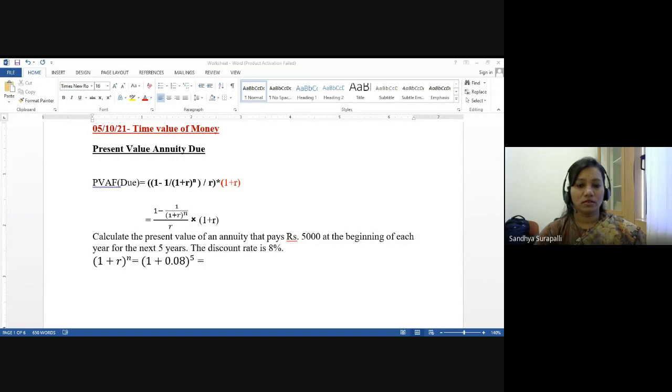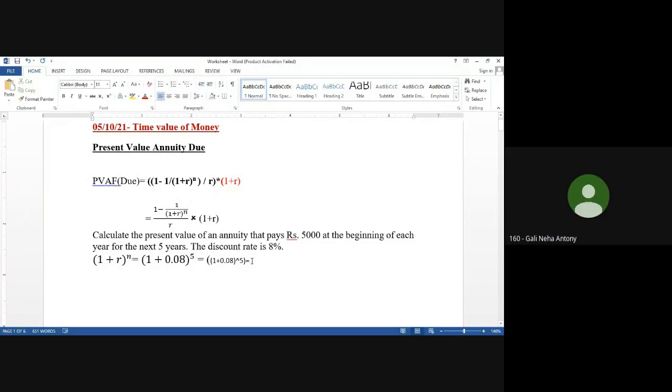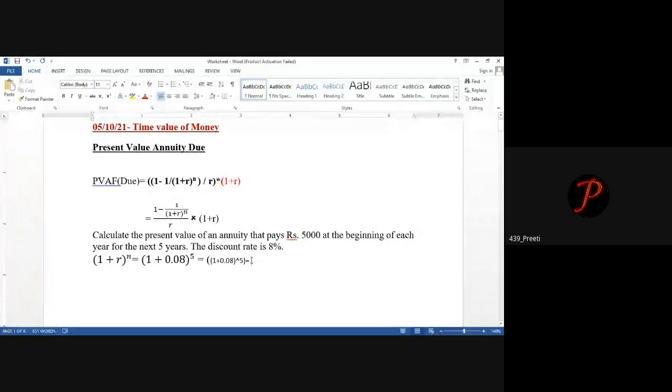In some cases it will be written this way also. Same thing we are writing this way also. Both mean the same. It is 1.08 to the power 5, which is 1.469.